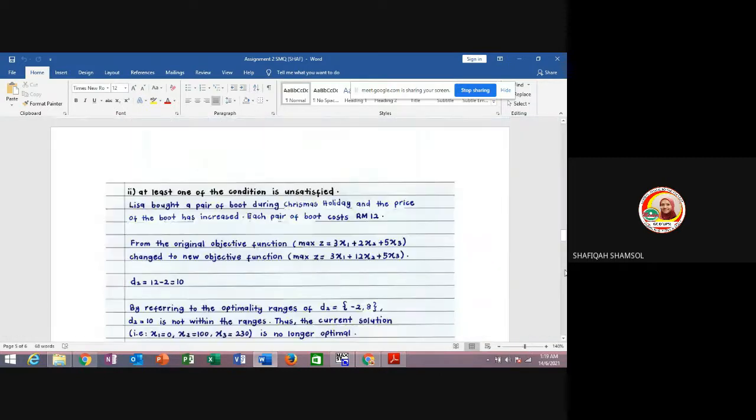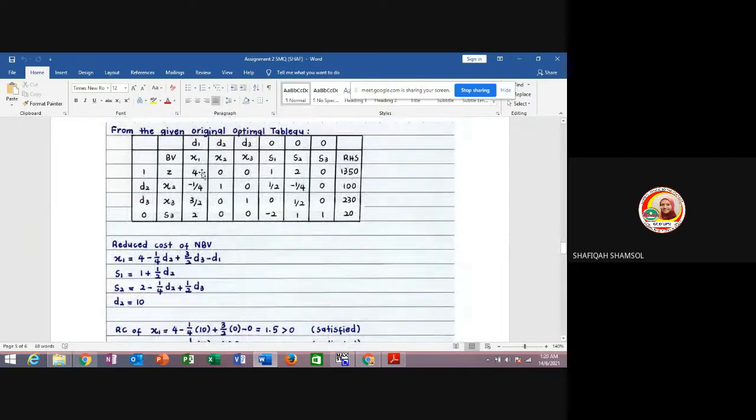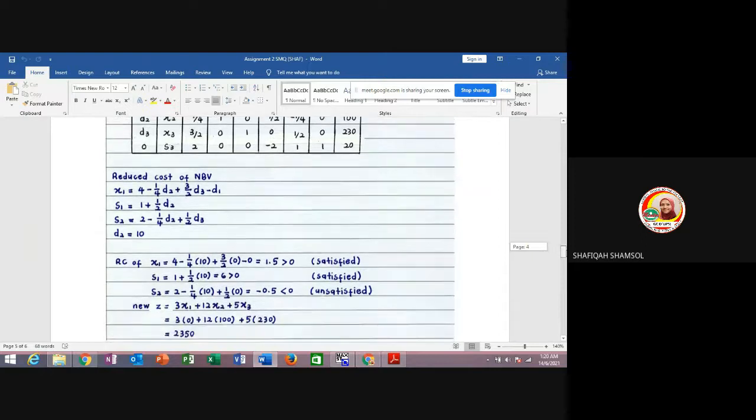As you can see here, in order to find the x1, 4 times 1, plus -1 over 4 times d2, plus 3 over 2 times d3, plus 2 times 0, and minus the top row element. Same goes for S1 and S2. From D2 that we get equal to 10, D1 and D3 automatically equal 0.